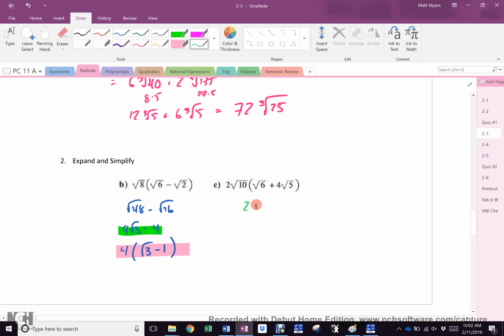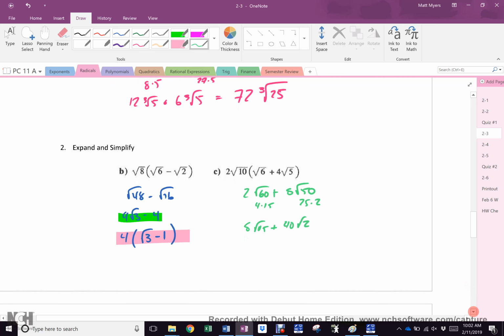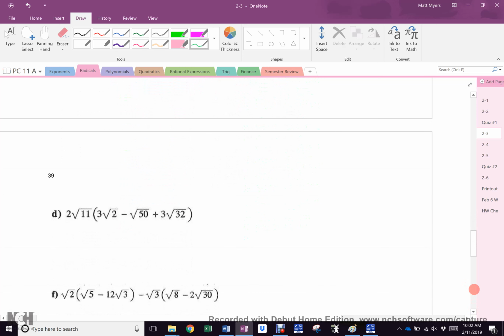This is 2 root 60 minus 8 root 50, which is 4 times 15 and 25 times 2. Sorry, that's plus, which is 8 root 15 plus 40 root 2, where you would stop. That you could simplify right now. I would.